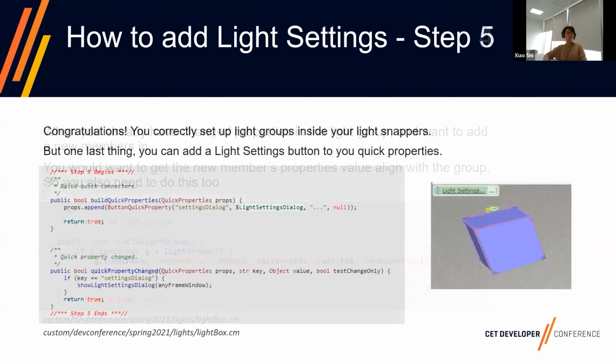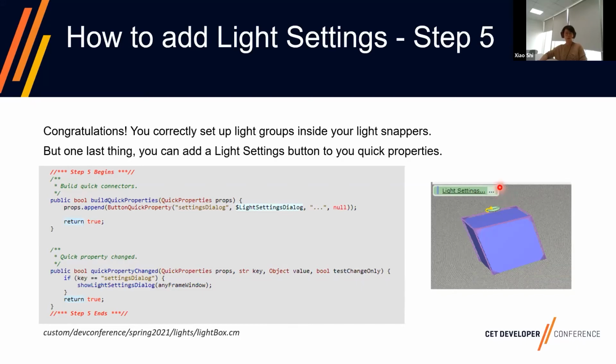But there's one more simple thing that you can do, not that you have to, but it's a simple way to have this light settings pop-up built into your quick property. I think this one might be more familiar to you.